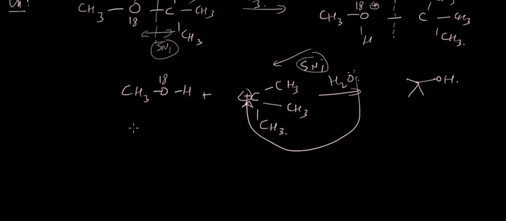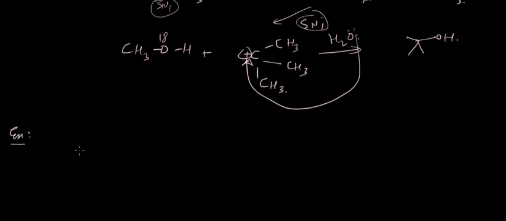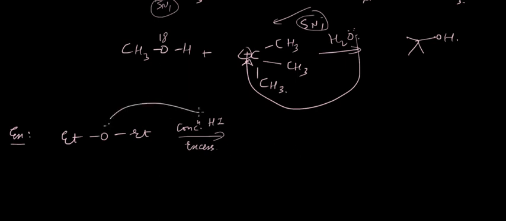Okay, let us take another example. Here we have this compound, and we have concentrated HI in excess. So what would the product be? Initially the O will attack on hydrogen atom, so it will form something like this.